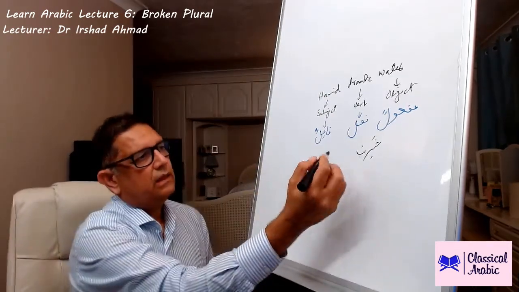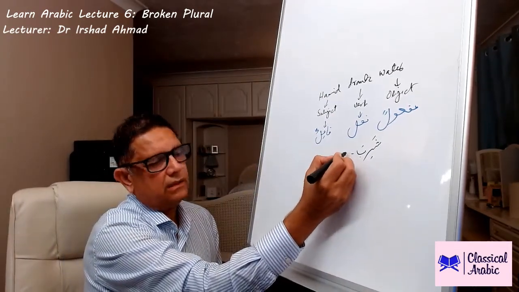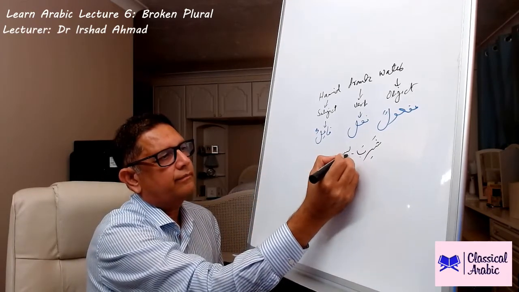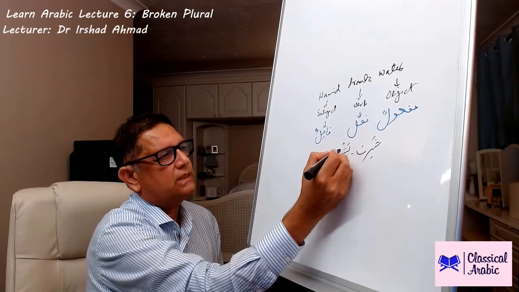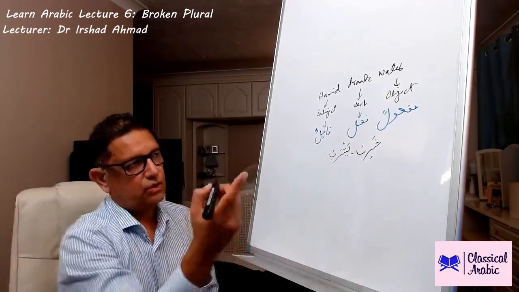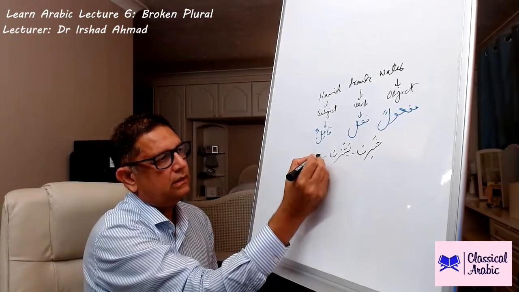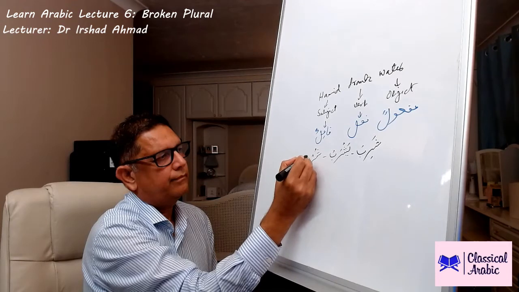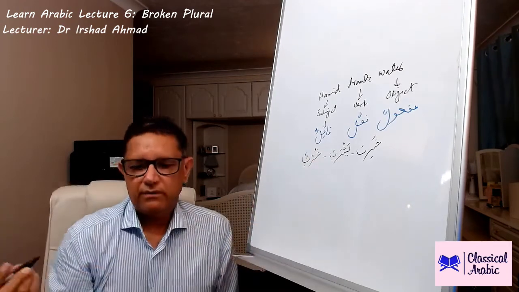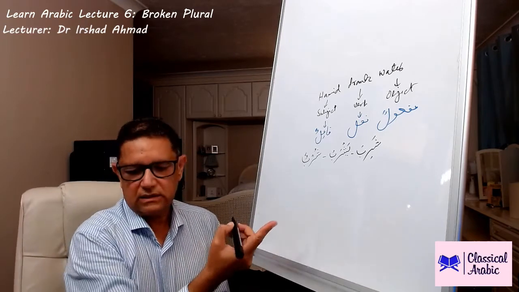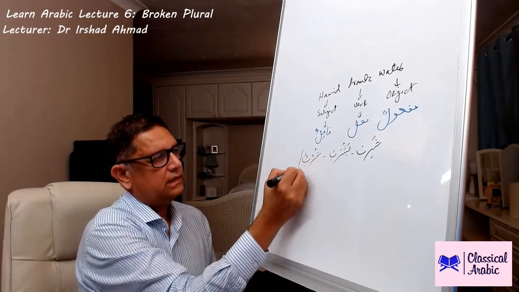So shariba, yashrabu. If we go to the same exercise, yashrabu, and shurbun will be masdar. Some verbs have more than one masdar, and in this case mashrabun is another masdar.